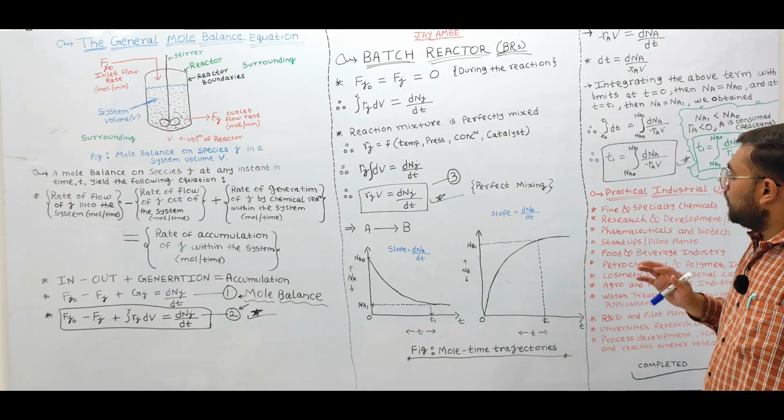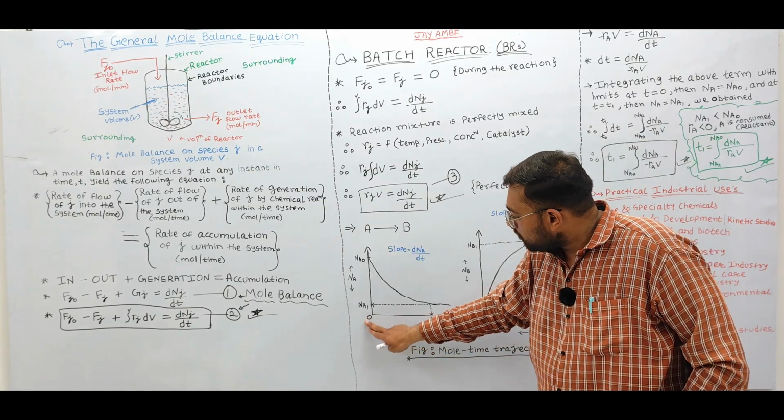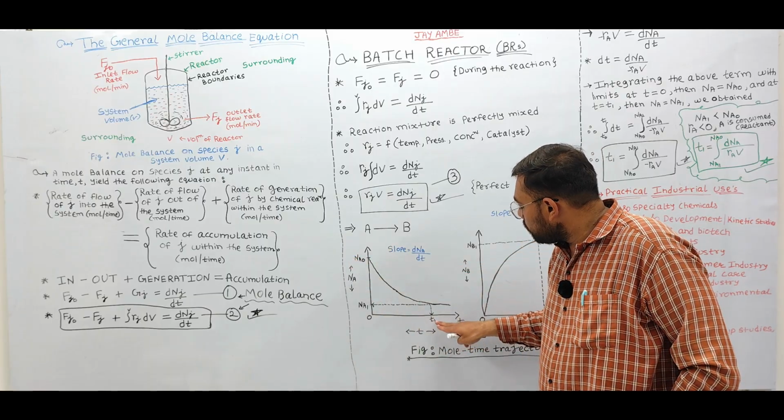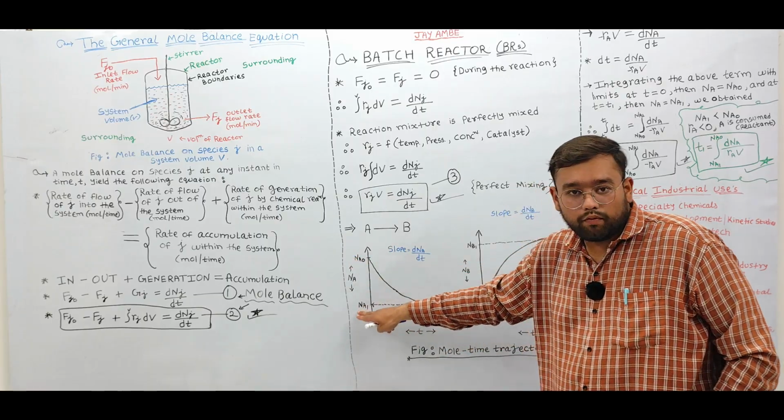I hope it is clear. So the limits are: at time t equal to 0, we have Na0, and at time t equal to t1, we have Na1.